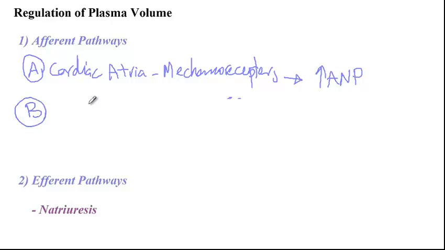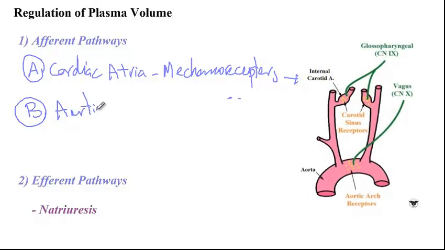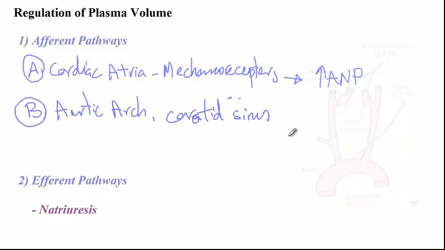The second mechanism is by mechanoreceptors that are found in the aortic arch as well as the carotid sinus. And these mechanoreceptors again detect changes in the blood pressure and regulate the activities of the sympathetic nervous system and the renin-angiotensin-aldosterone system.